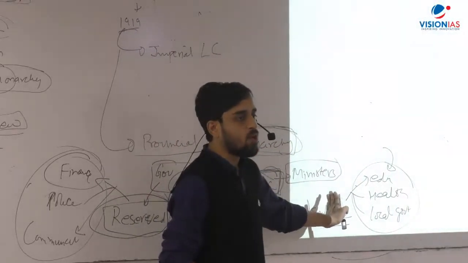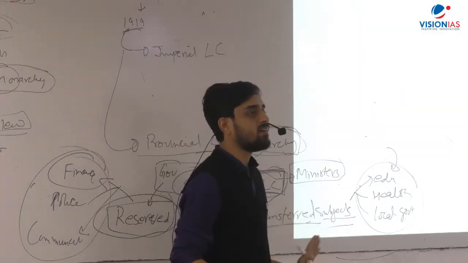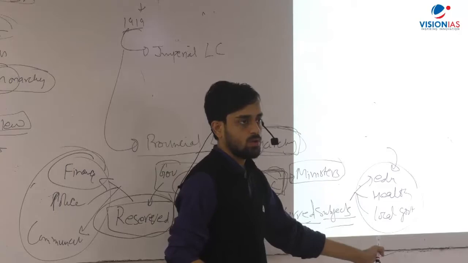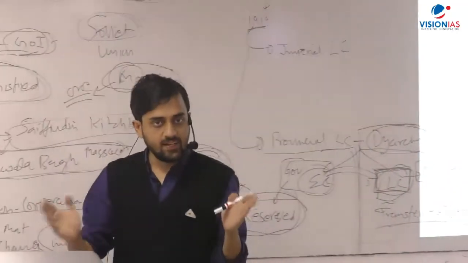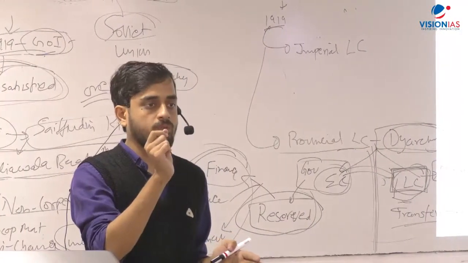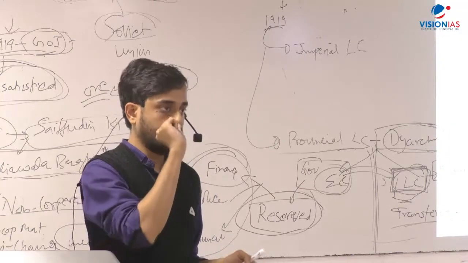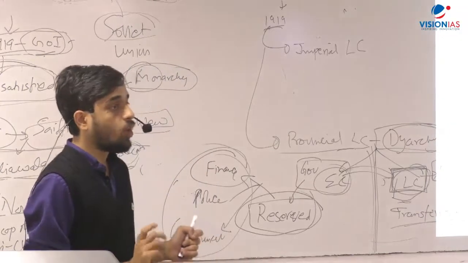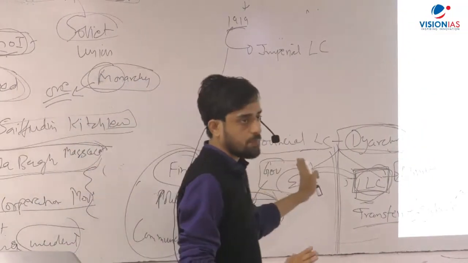Even if we make a law to implement a policy without availability of finances, the Governor General could still veto. Okay, so effectively this meant that though an element of diarchy was introduced for the first time, diarchy, okay, I'm not saying provincial autonomy. I'm not saying that provinces are being given complete autonomy.